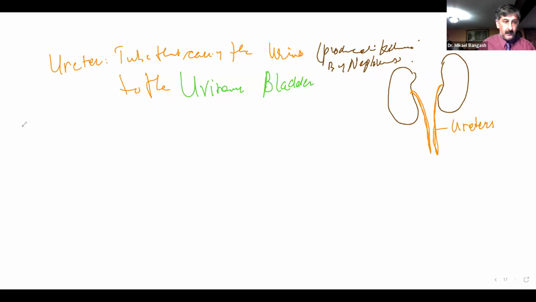Now, in an adult person, these ureters are approximately 10 inches long. But their main job is just to transport the urine from the kidneys to the urinary bladder.